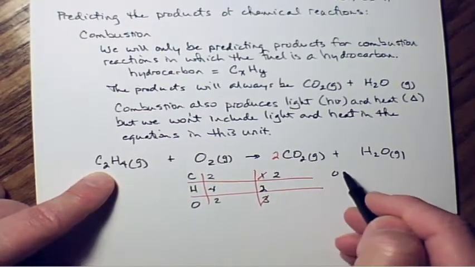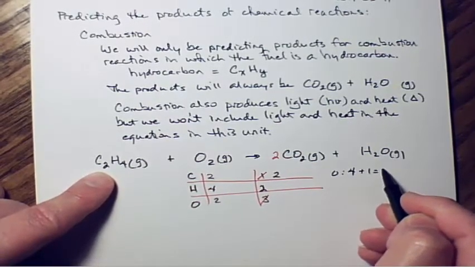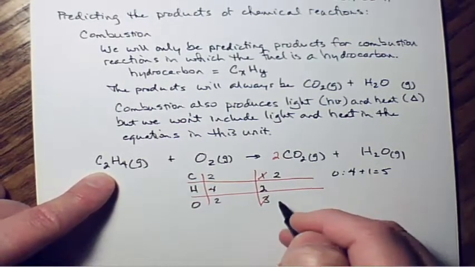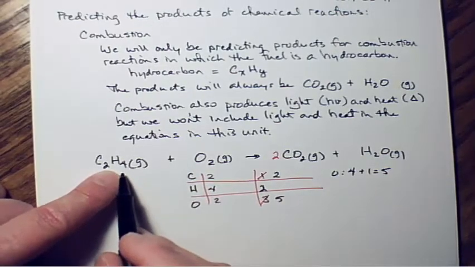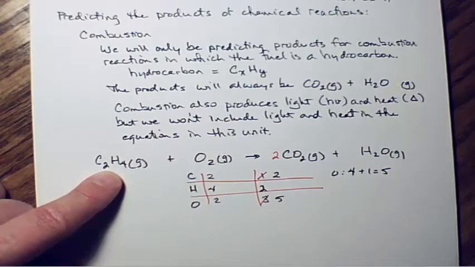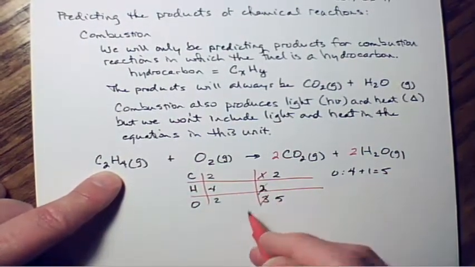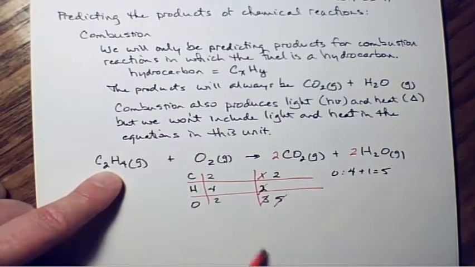And we have 2 times 2 are 4 oxygens here, plus the 1 here. So right now we've got 5 oxygens. Okay, so I've got 4 hydrogens on this side, only 2 right now on the right side, so I'll put a coefficient 2 in front of the species that contains the hydrogen. That's going to change again the number of hydrogens and oxygens.